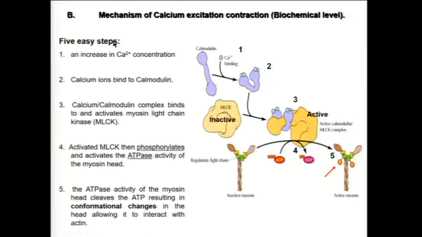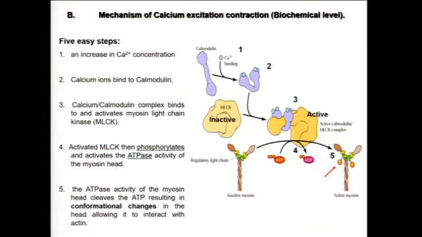Okay. We're at the biochemical level. It starts with biochemistry and ends up in movement. Five easy steps. So first of all, we have to have an increase in calcium concentration. And I already said that three or four times. It comes from the outside, comes from the SR. The SR is less organized, so it takes a while to do it. Smooth muscle has a protein that other muscle types do not have, and it's called calmodulin.